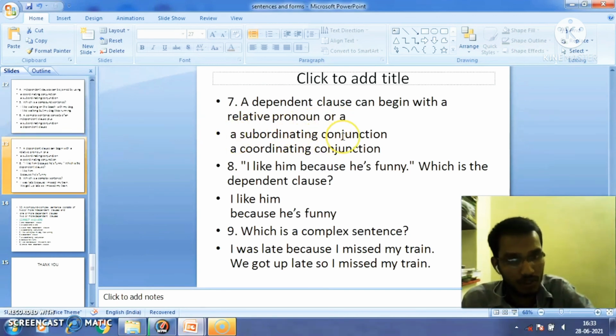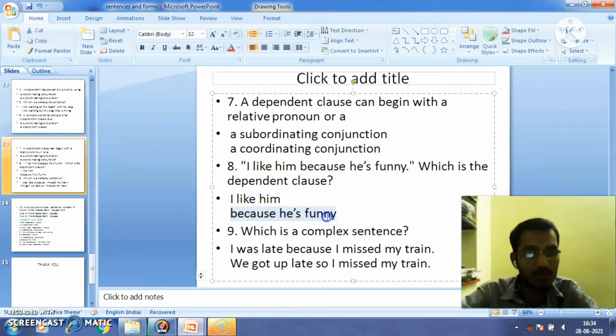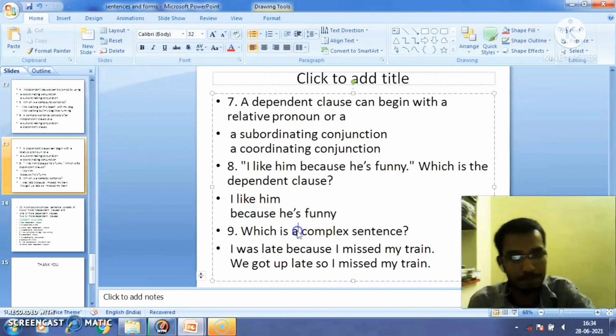What is that? Subordinating conjunction or coordinating conjunction? Subordinating conjunction. Question number 8. I like him because he is funny, which is the dependent clause here? Here the clause because he is funny is the dependent clause. Question number 9. Which is a complex sentence?